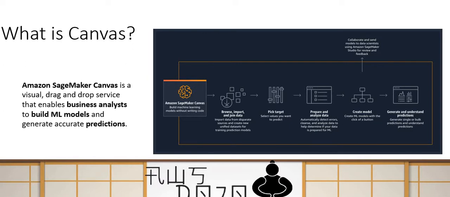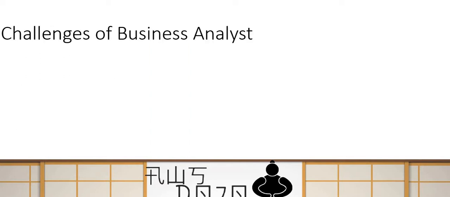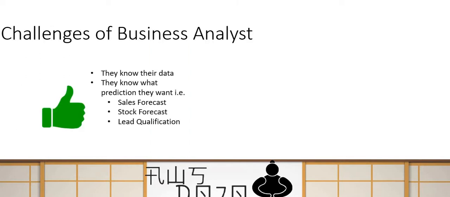Now, let's try to understand the challenges of a business analyst, and then you will be able to relate it better. If a business analyst has some data and wants to explore if they can use it to make predictions, they know the data very well.